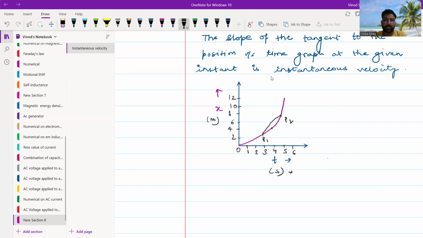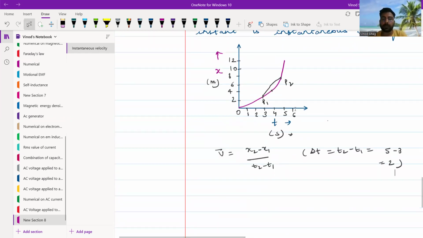From P1 to P2, you can assume it is a straight line. Then we find the average velocity, which is x2 minus x1 divided by t2 minus t1. And this time interval, delta t, that is t2 minus t1, is 5 minus 3 equals 2 seconds.